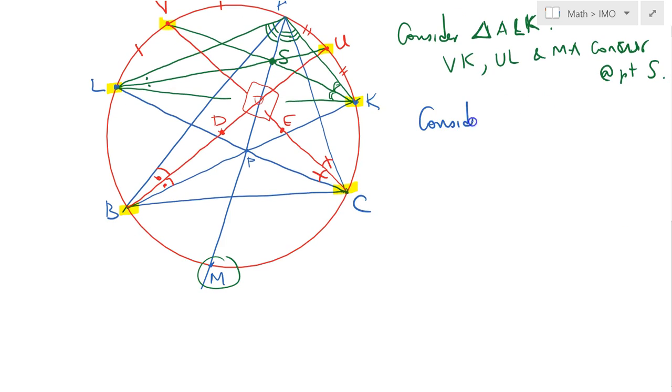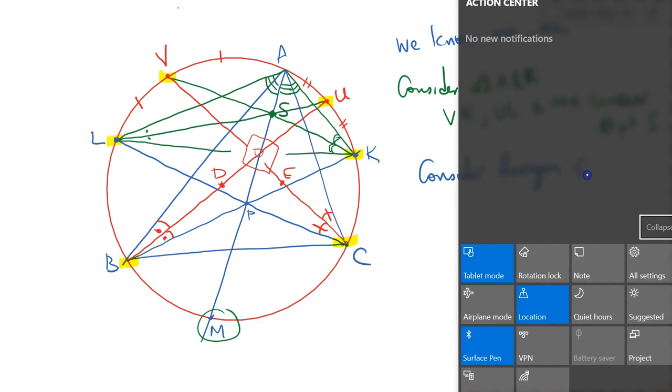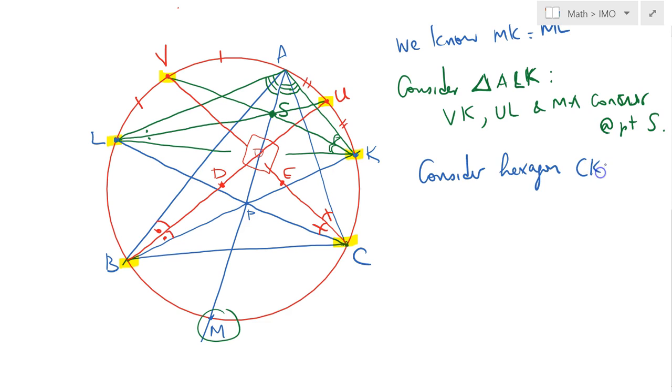Let me just consider the hexagon that I just named, CKU, VLB, in that order.